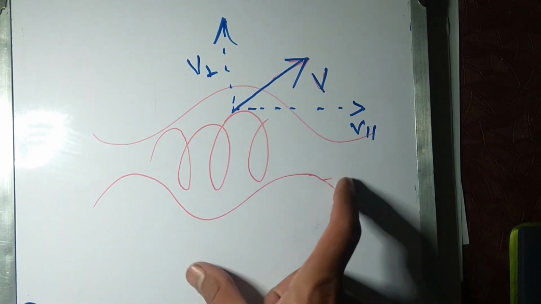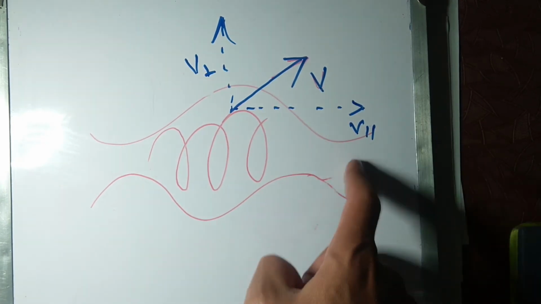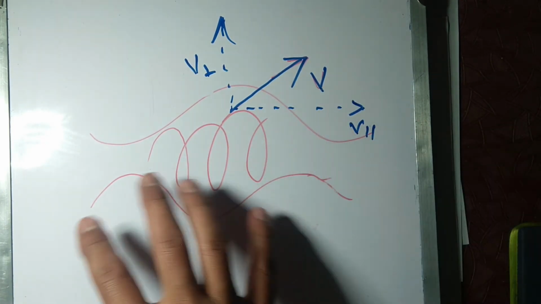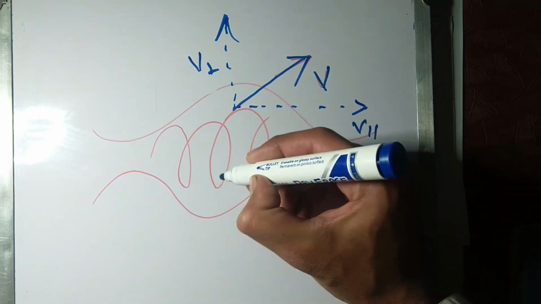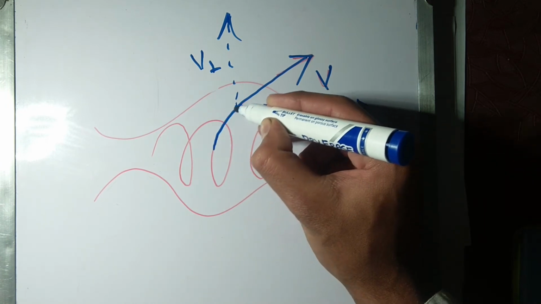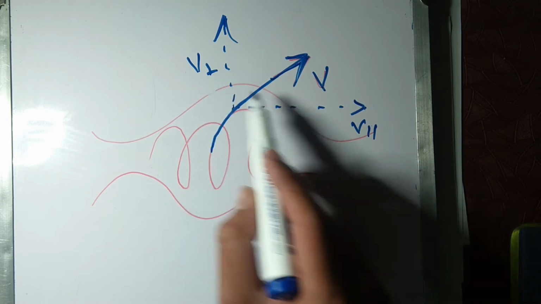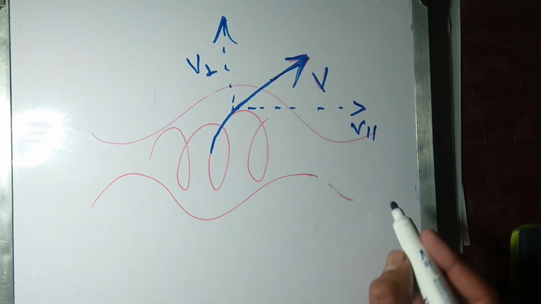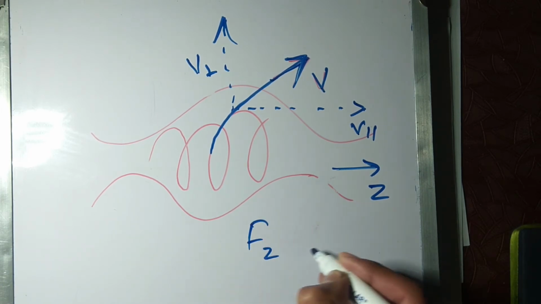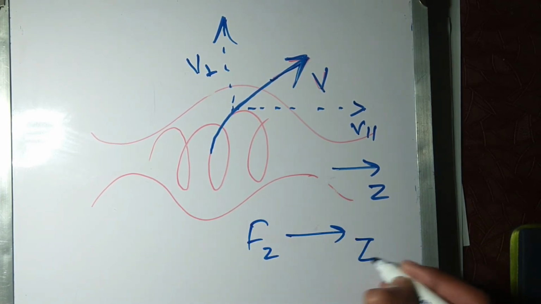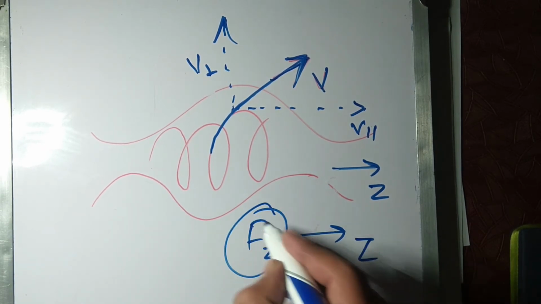If you don't understand, you have to see the introduction for this. I've shown you in the animation how gyration occurs, and I've told you in detail what v perpendicular and v parallel are, and in the animation you can see how these gyrations take place. Let's say this was v, and it has two components, v perpendicular and v parallel. Now let's say this is the z direction, and f of z is along the z axis.